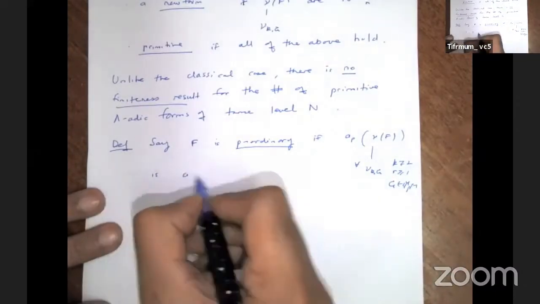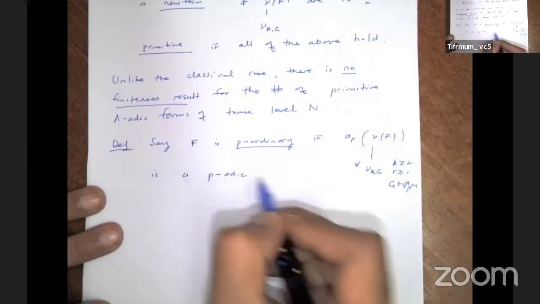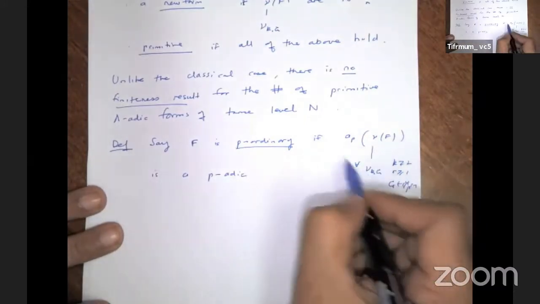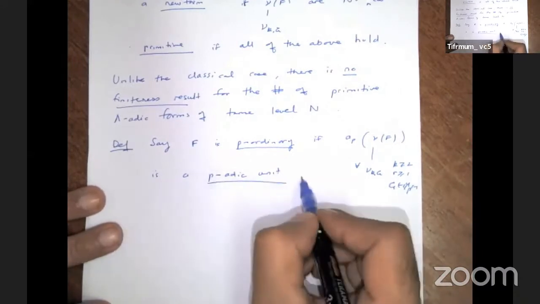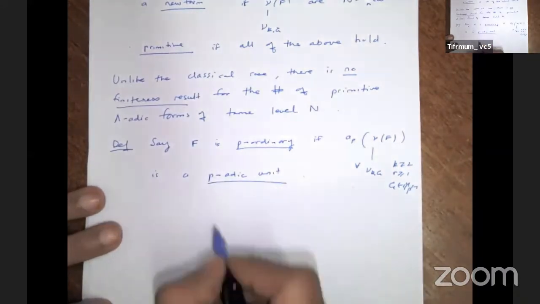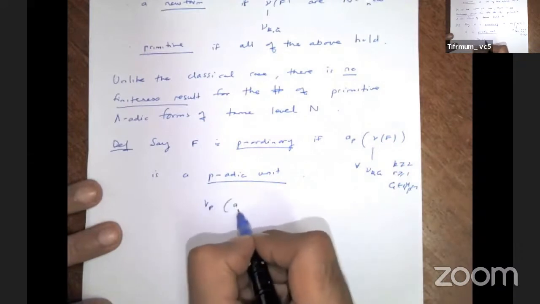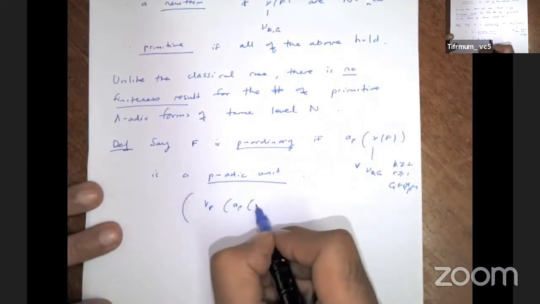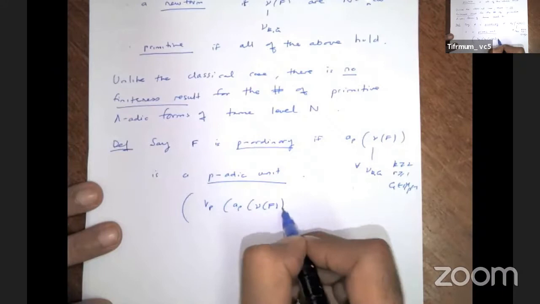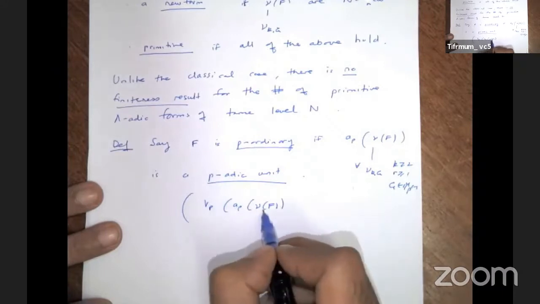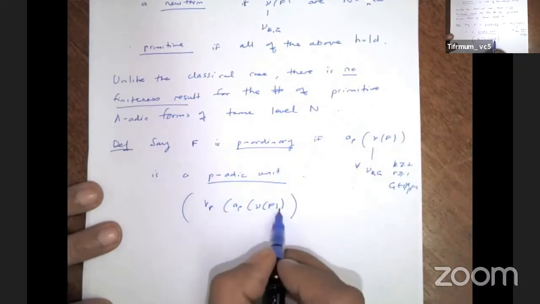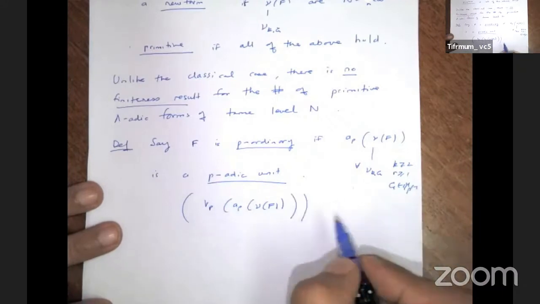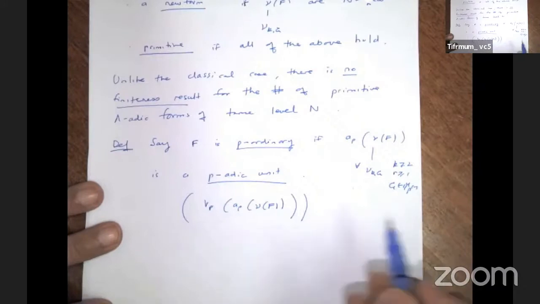Is a p-adic unit. If for all, the quantifier should be up here, is a p-adic unit. Okay, that means Vp of AP of nu of F equals 0.